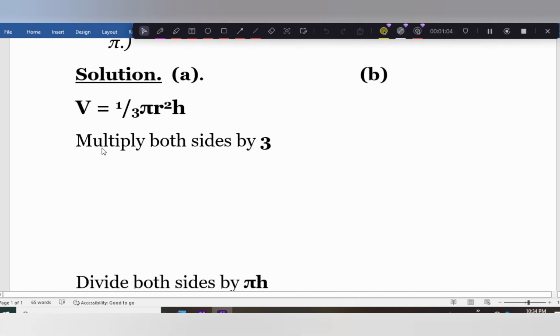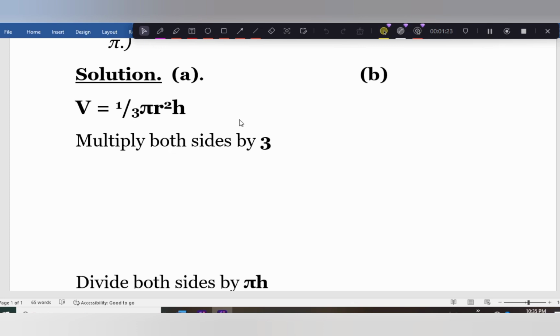Solution. The volume is given as equal to 1/3 pi r squared h. For us to make r the subject, we are going to multiply both sides by the denominator, which is 3.